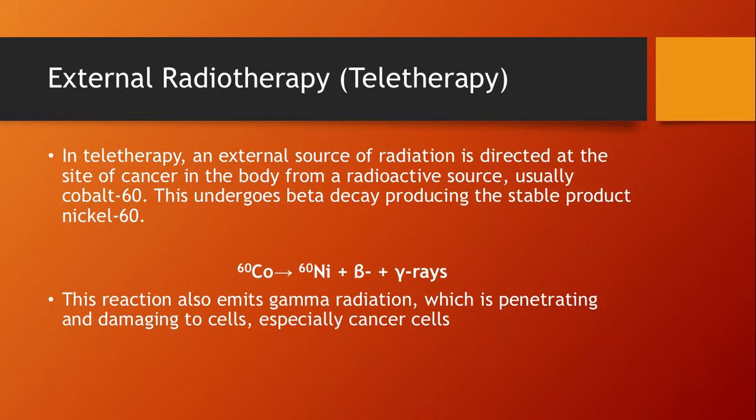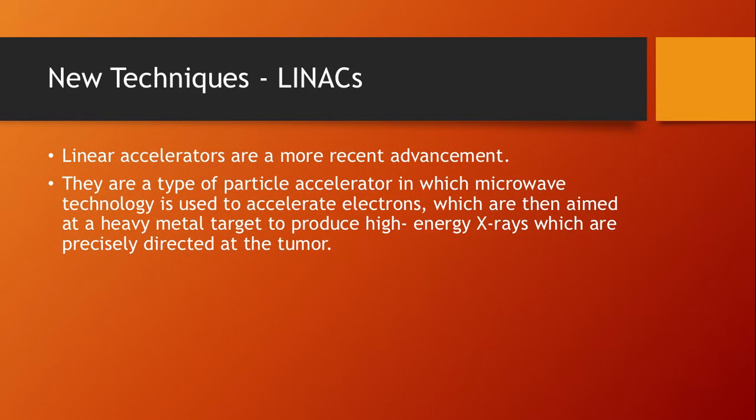Okay, so you have the external source, and it's targeted at a specific site of cancer in the body, and therefore you damage and hopefully get rid of the cancerous cells. Linear accelerators are a more recent advancement in this targeted therapy.